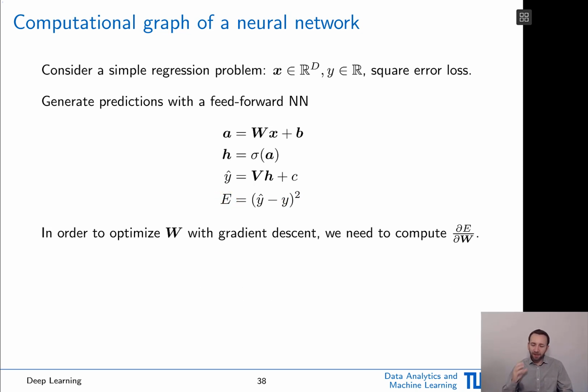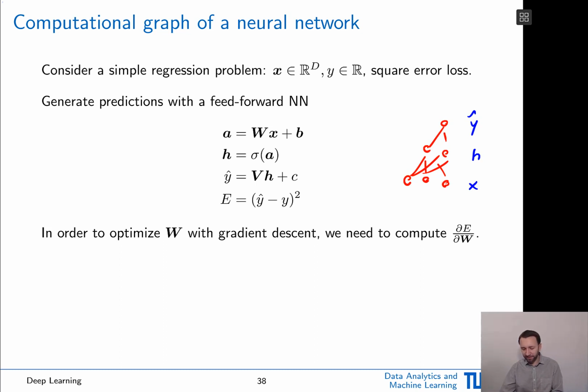Okay, so this is now a simple non-linear regression, where we have here our first input x, then we have our scalar output, and it looks like this. So this is x, this is h, and this is y hat, so to say, what we are getting.